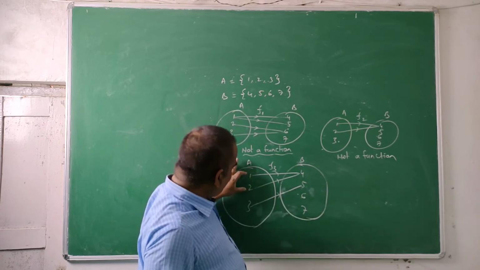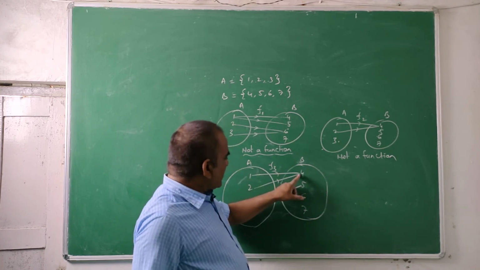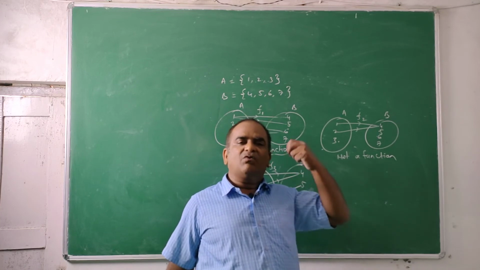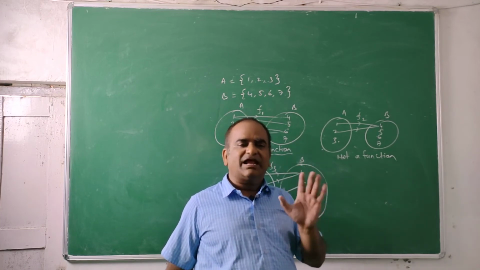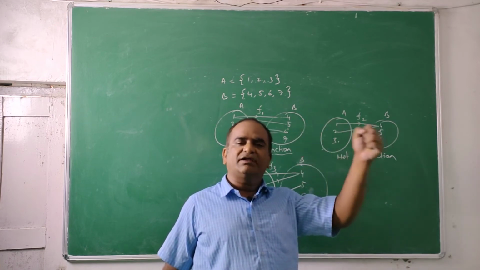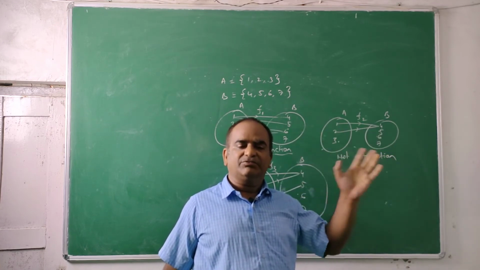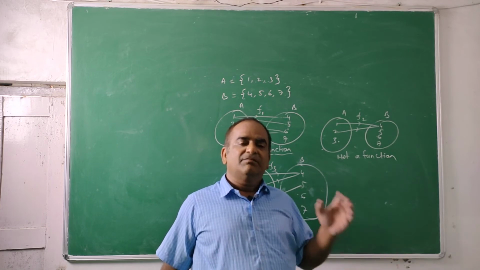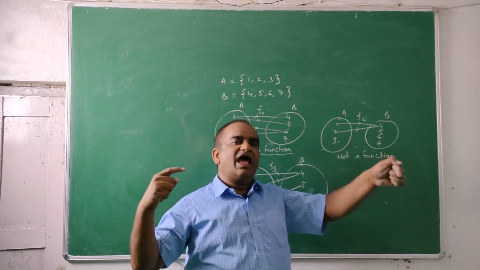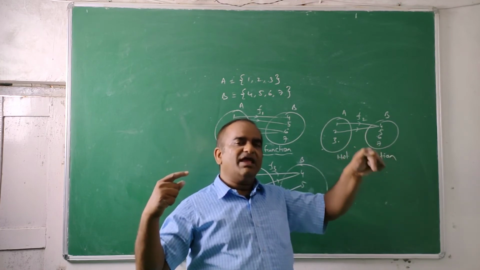No. But two elements can have one image. One element cannot have two images. Please try to understand, don't get confused. A single element should not have two different images. But two different elements of A can have a single image.